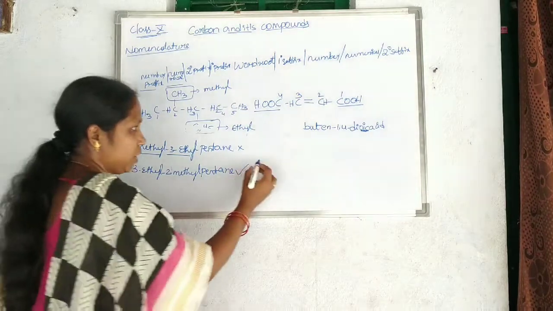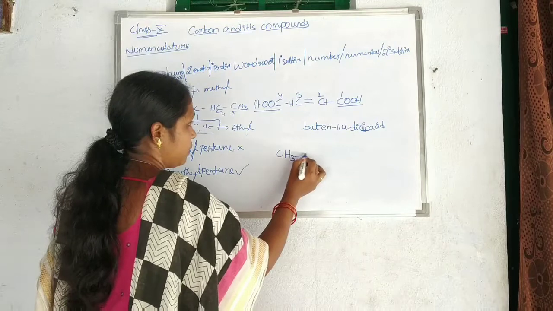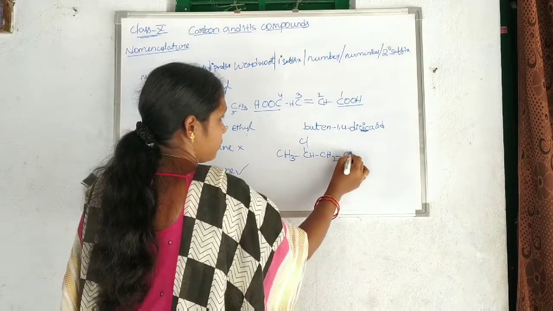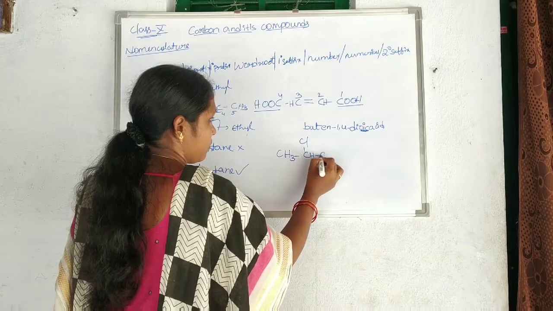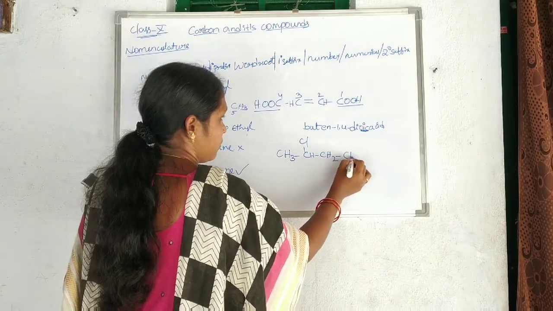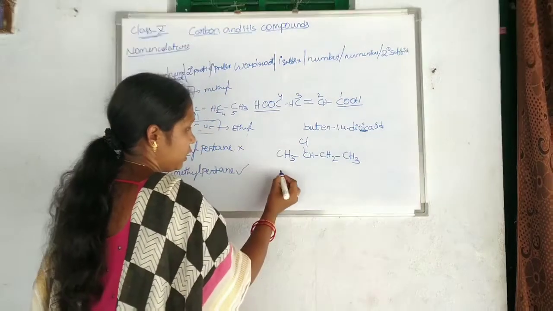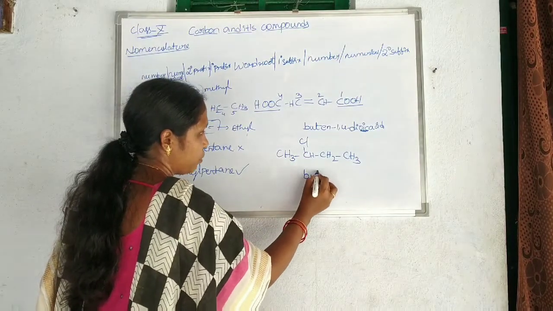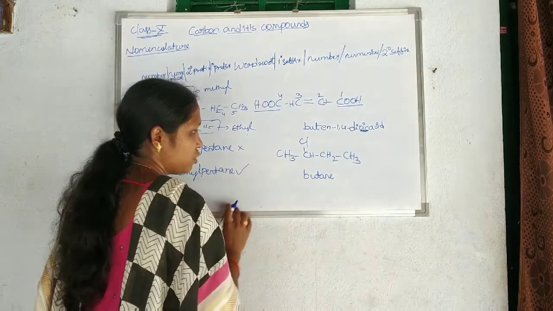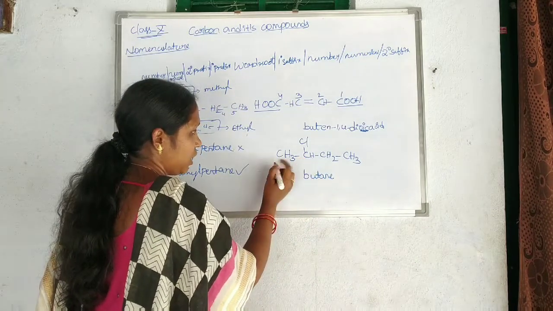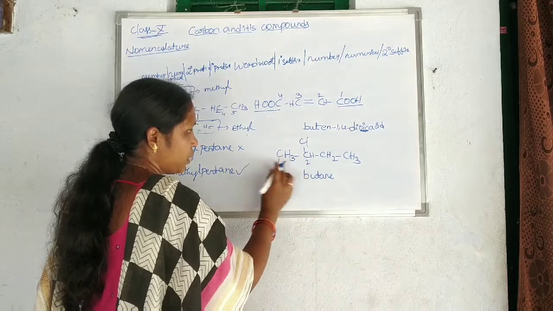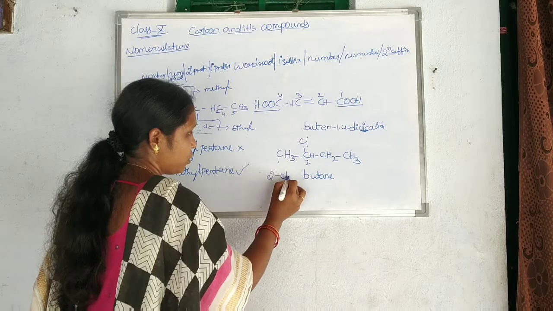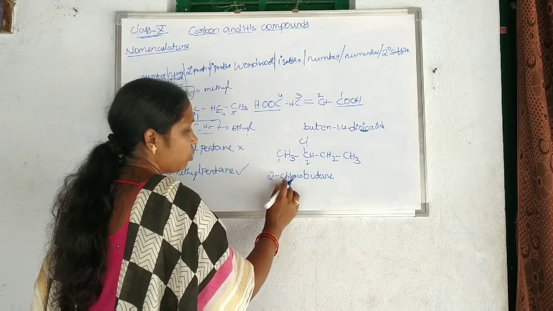Another example we also see here. Here it has 4 carbons, means but, and all are saturated bonds, so butane. And the chlorine, if you count the carbon number from left to right, has the second position. So 2 chlorobutane.